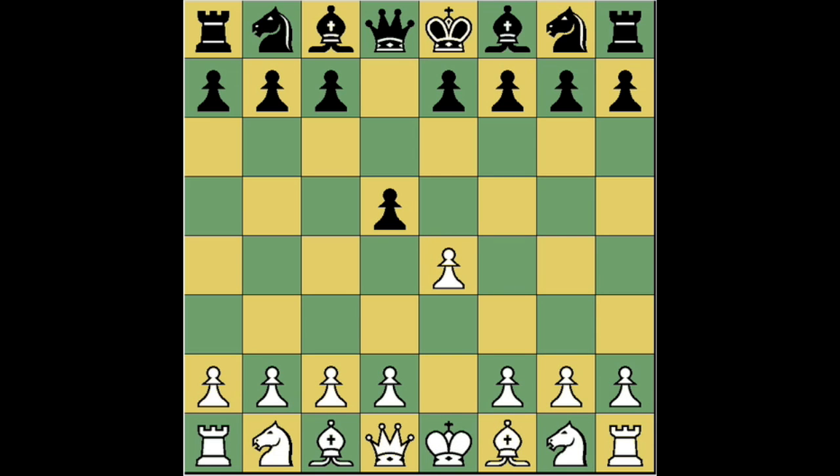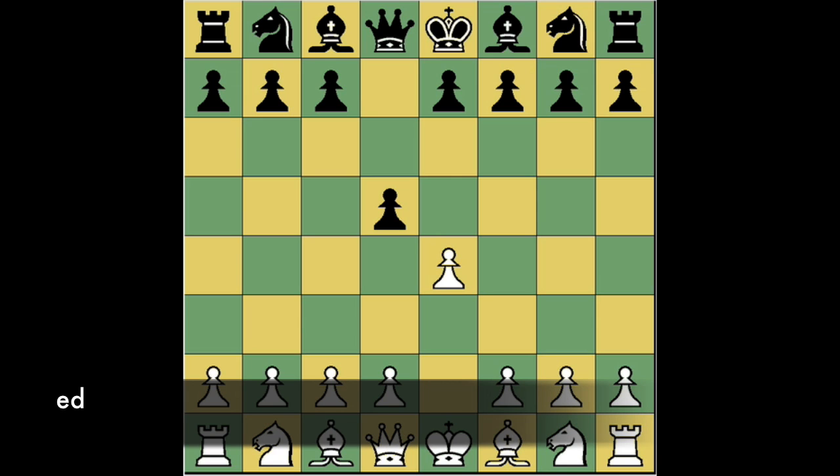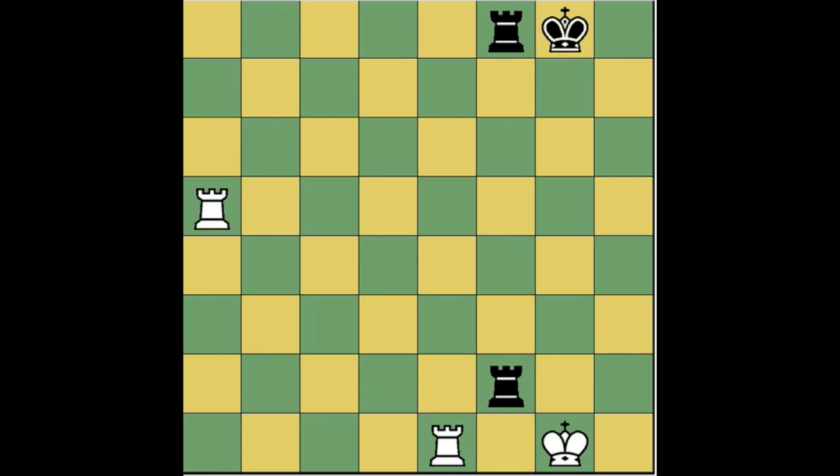Now there are some abbreviated notations that would simply name the files. So this capture could be written in an abbreviated form: ed. So the normal method for noting a move is to use the uppercase letter that represents the piece.